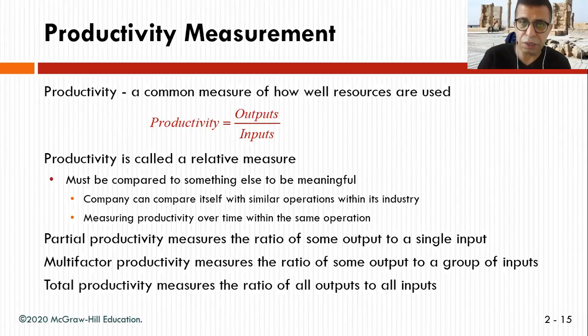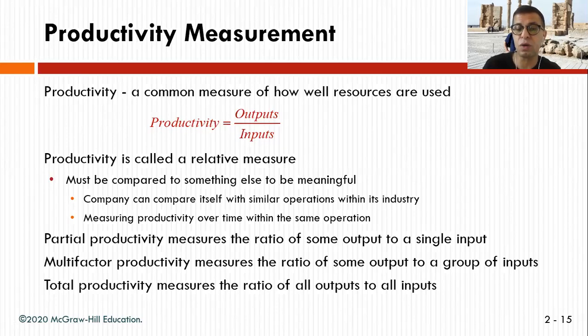Productivity is the common measure of how well resources are used, and it's basically output divided by input. Whatever you put in, how much can you get out of that? This is what you call efficient levels of productivity.